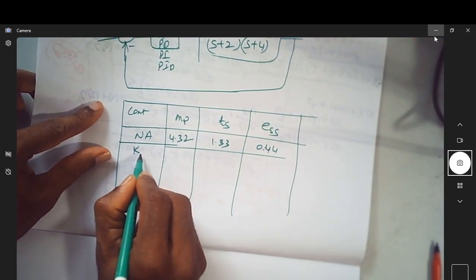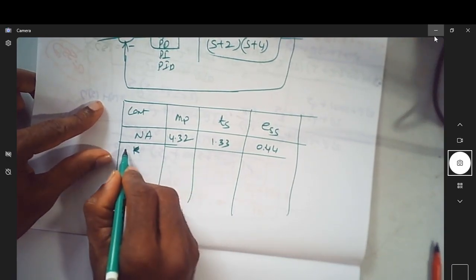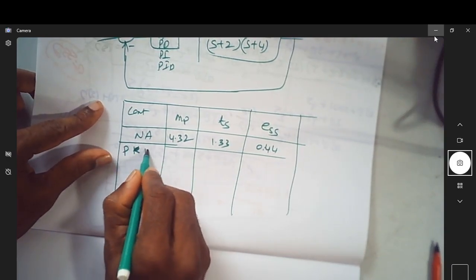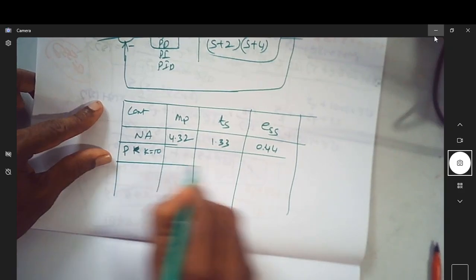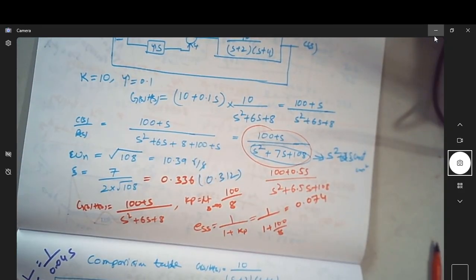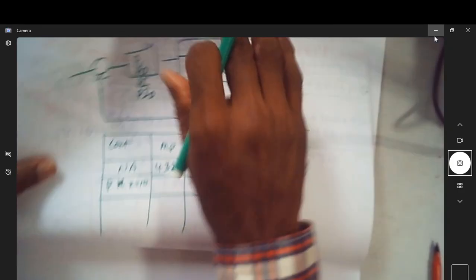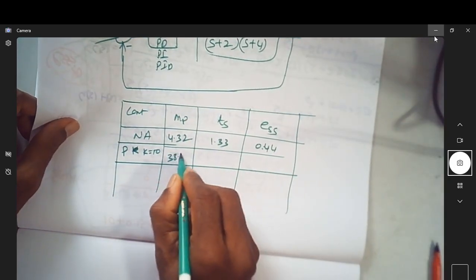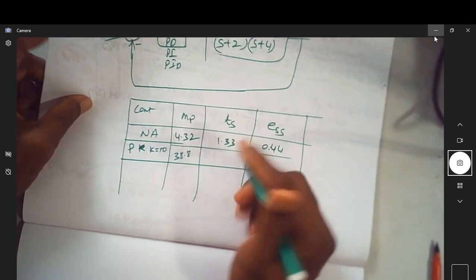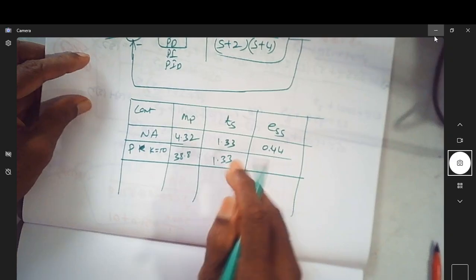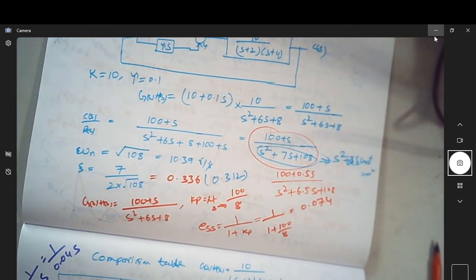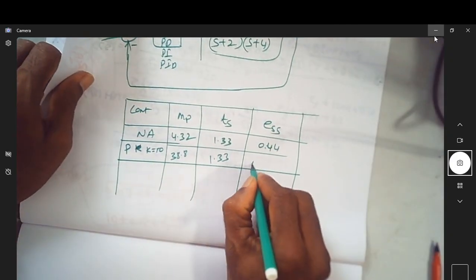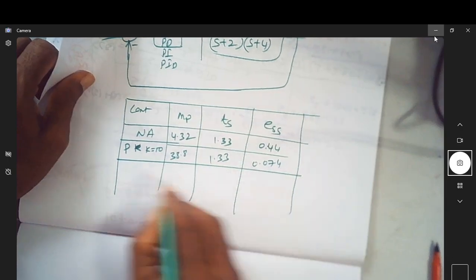When you had only the proportional controller with K equal to 10, the overshoot was 38.8, the settling time was still 1.33, but the error got reduced to 0.074.